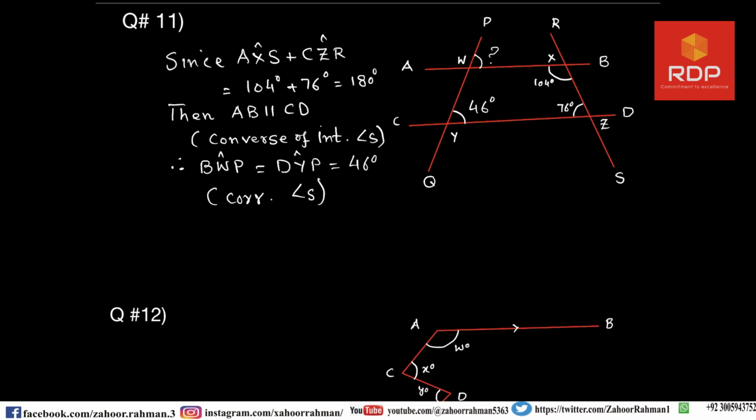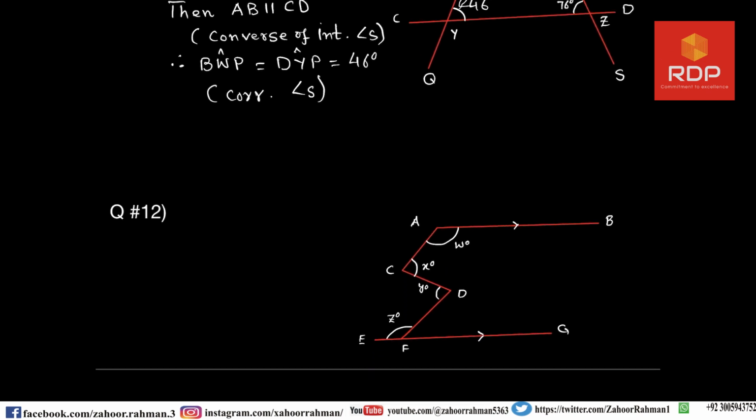Now let's discuss it. BWP, which is this angle, and that angle we are going to find, is equal to DYP, which is this angle, due to the corresponding angles. And directly we can see that we are writing this as 46, and that is the answer of this question.